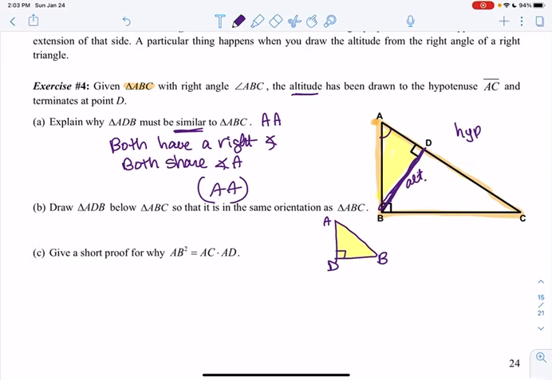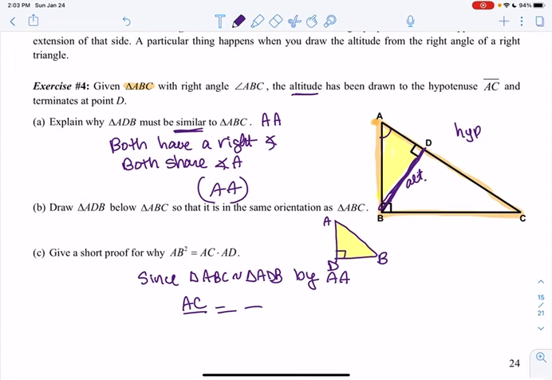Now, we don't need to write a real proof, but remember these two are similar to each other, therefore their sides are in proportion. So since triangle ABC is similar to triangle ADB, that's what I set up above, by angle, angle, then their sides are in proportion. So let me take the two sides. Let's take the hypotenuse of the bigger triangle, the one I have in orange, which is AC.